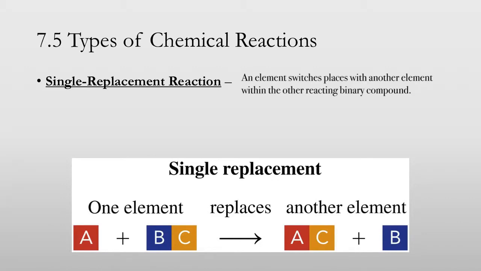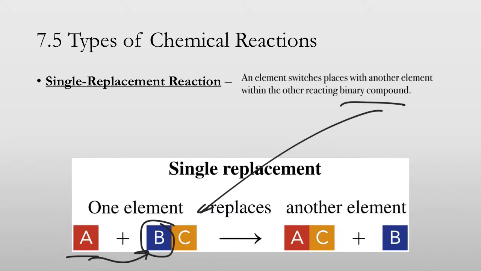In a single replacement reaction, you have an element switching, so we say A, this element, switching with an element that's in a compound, B in this case. So A has replaced element B in the compound. And I have here an element switches places with another element within the other reacting binary compound, meaning it's just made up of 2 species there.